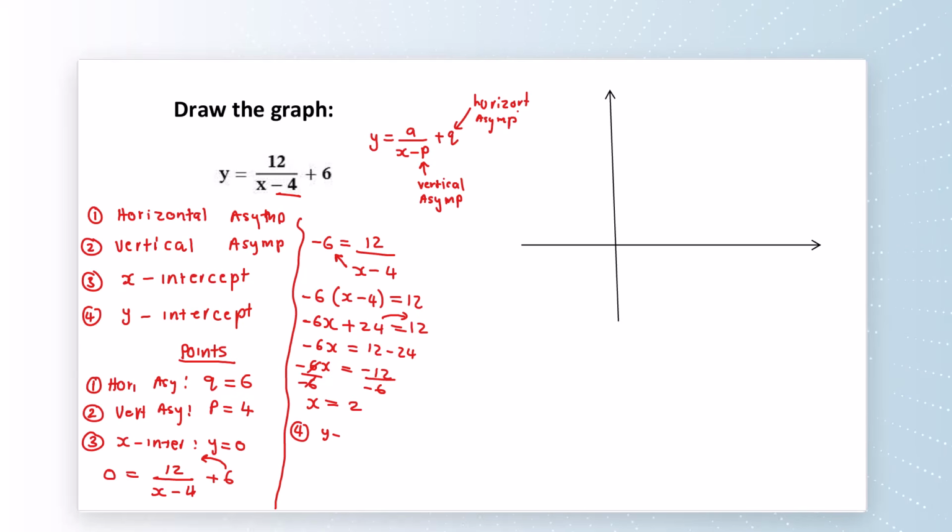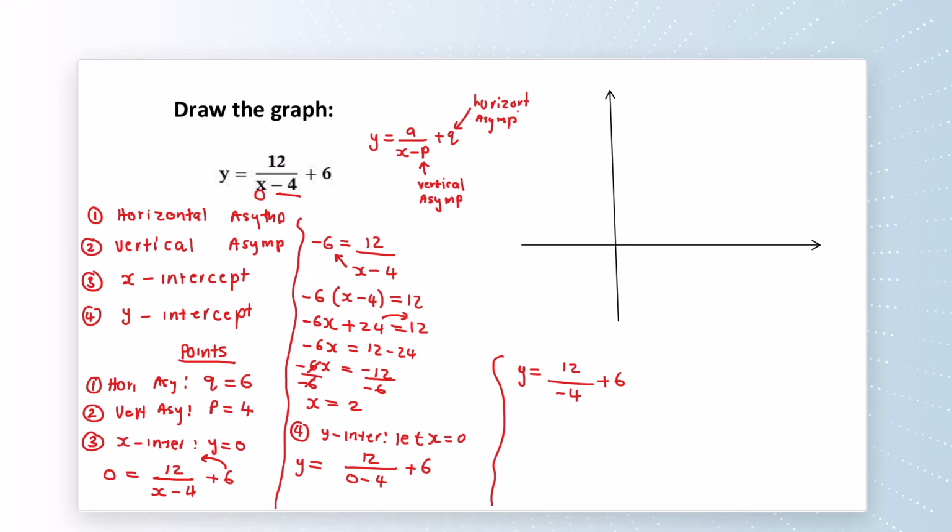Beautiful. Let's go on and find the y-intercept. So for the y-intercept, we're going to say let x equal 0. If you want to find the y-intercept for any graph, you must let x be 0. So y equals 12 over 0 minus 4, plus 6. 0 minus 4 is minus 4.